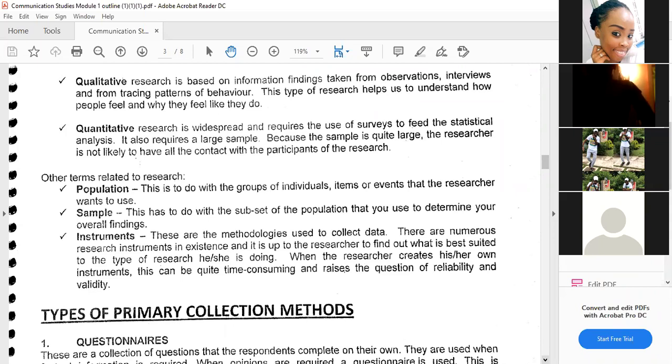So for example, you're doing research at Cedar Grove High School, and your question is, how does mental health affect student performance at the CSEC level? Which subset of persons would you seek to interview or use as your sample in that context?